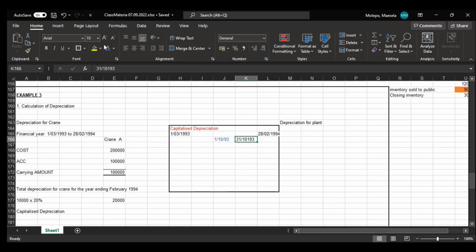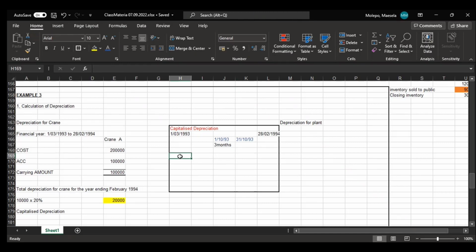Now, from 1 October 93 to 31 December 93 is how many months? It's 3 months. So out of the total depreciation that we had at 20,000, the 3 months of it must be capitalized towards the plant.